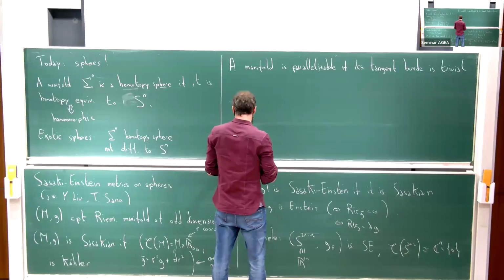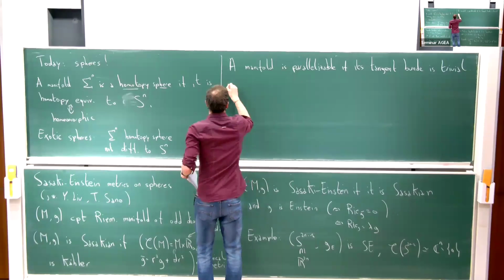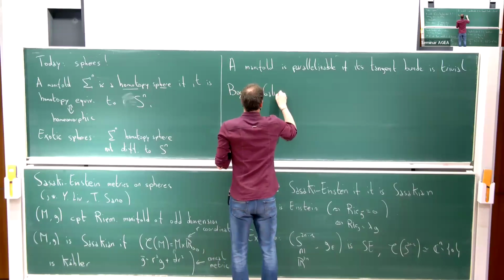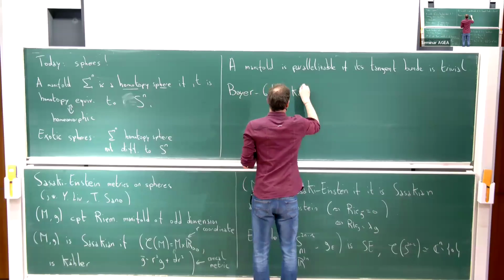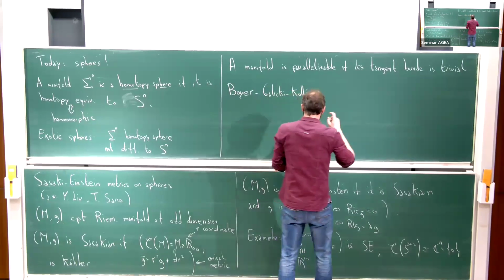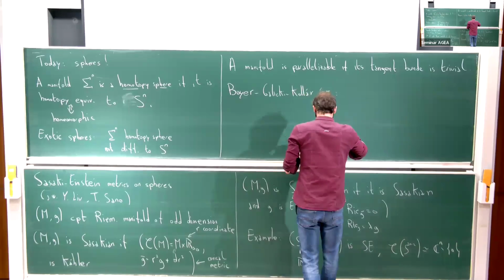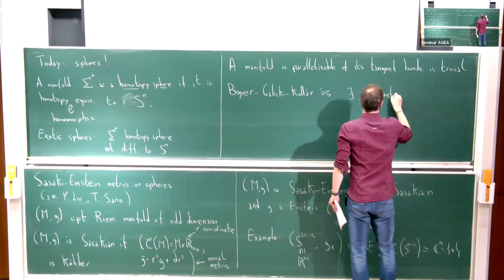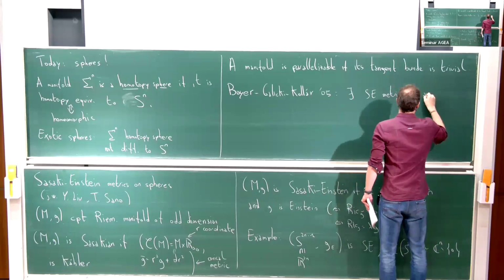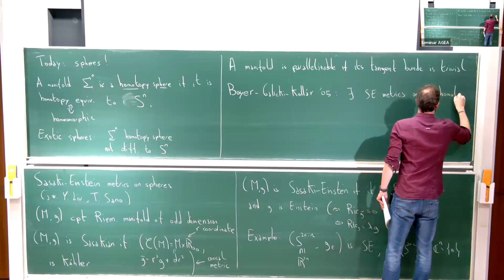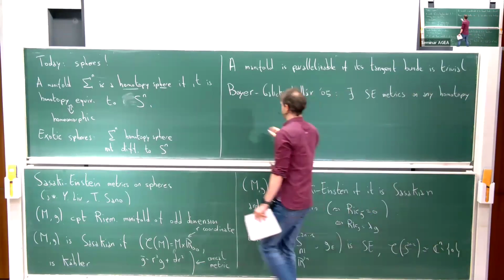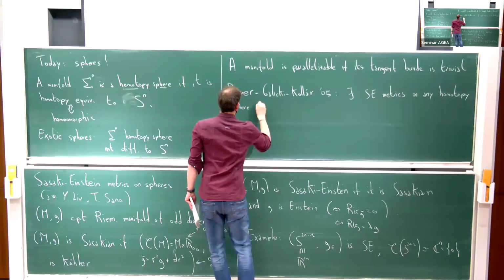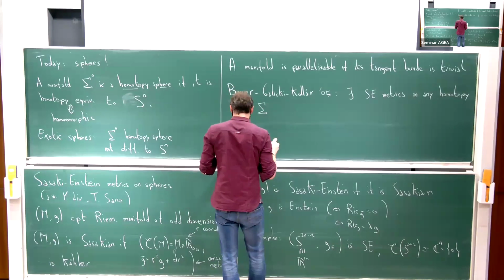Maybe let me go directly to this paper by Boyer, Galicchio, and Kollár, from 2005, and they proved that there exist Sasaki-Einstein metrics on any homotopy sphere of dimension 4n plus 1.